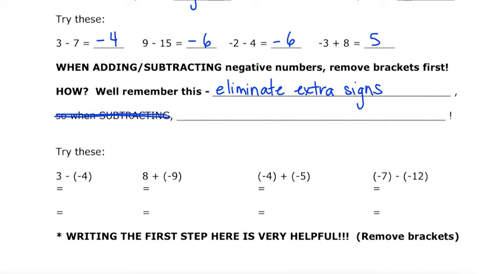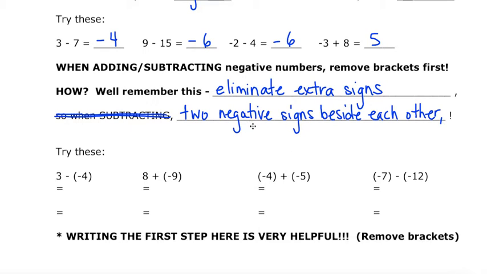So a strategy that works when we're eliminating the extra signs is to look at the signs that are directly beside each other. So if we have two negative signs beside each other, then it turns into addition.